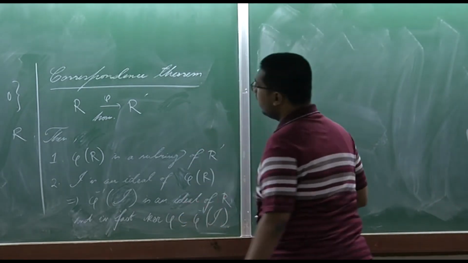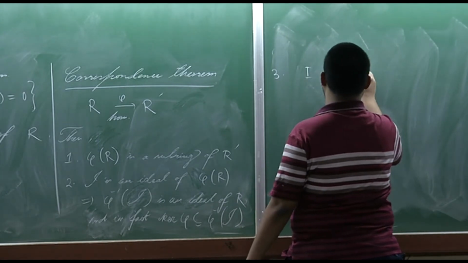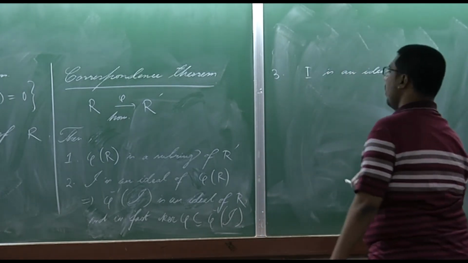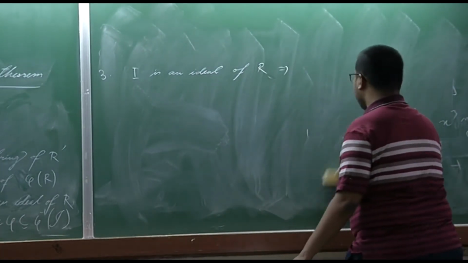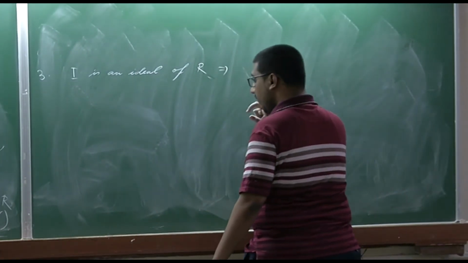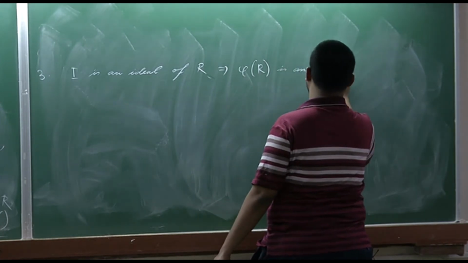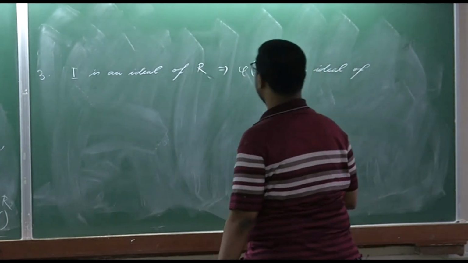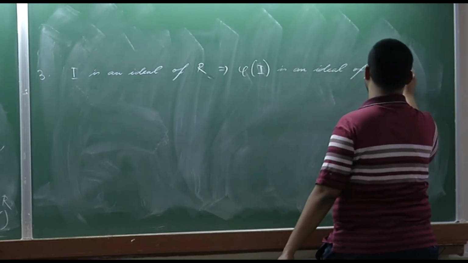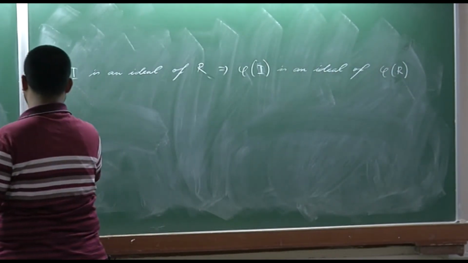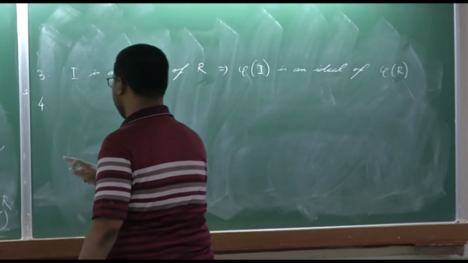The third thing is, any ideal I of R implies phi(I) is going to be an ideal of the subring phi(R). So an ideal from here goes to an ideal there.